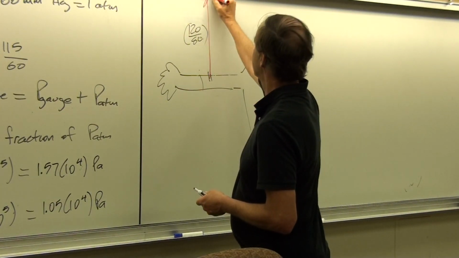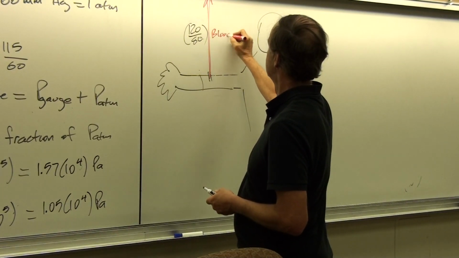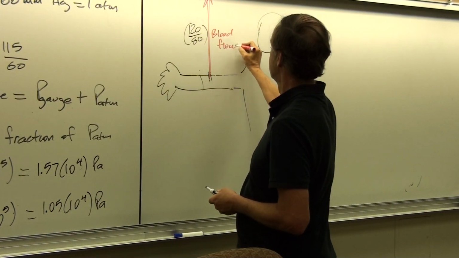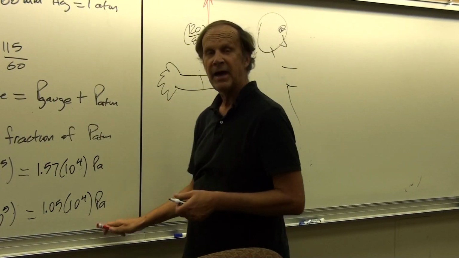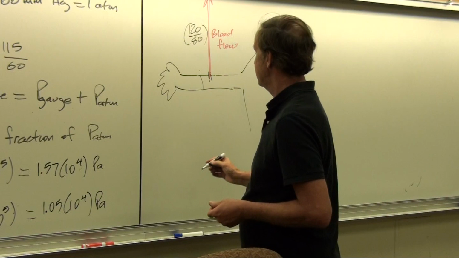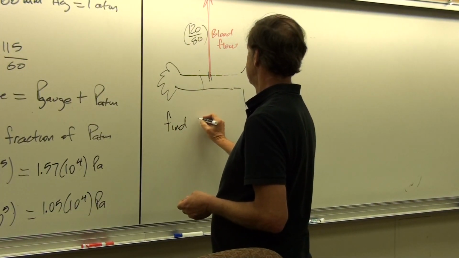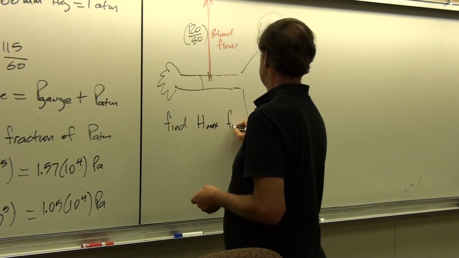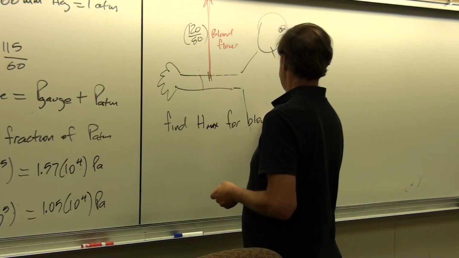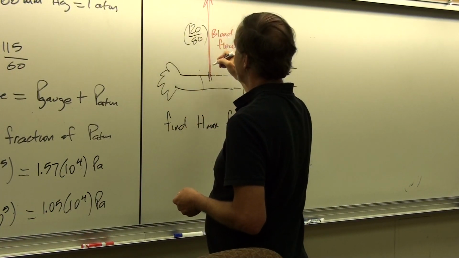And let's assume the blood goes straight up. And it's 120 over 80. Let's find the maximum height that the blood will go into the air. So this is like a spatter analysis.